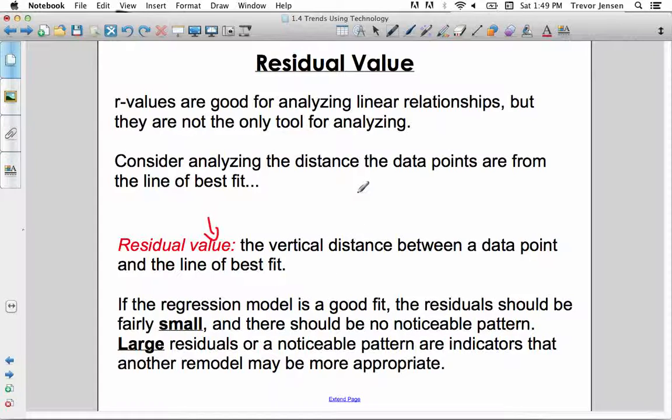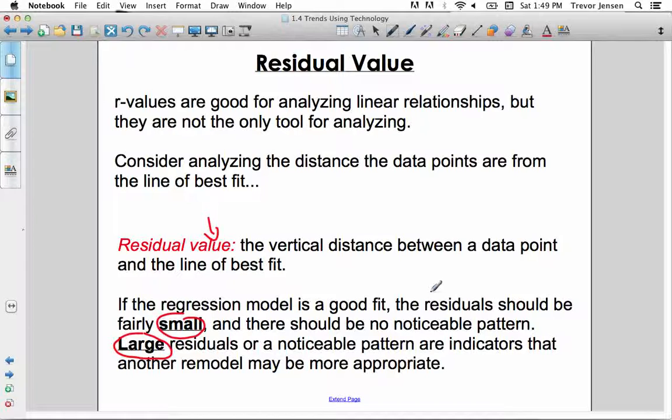So if the regression model is a good fit, all the points would be very close to the line of best fit, which would mean we would have very small residual values. And there should be no noticeable pattern. If we have large residual values, that would mean the data points are far away from the line of best fit, which means that maybe our regression wasn't a good model at all.